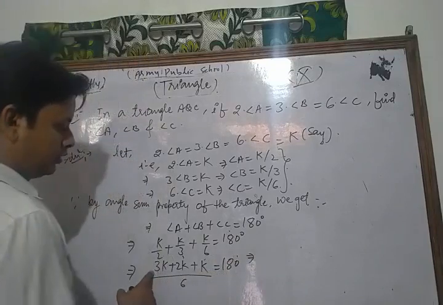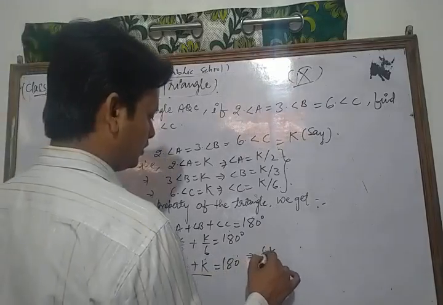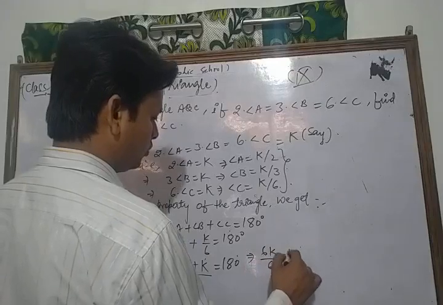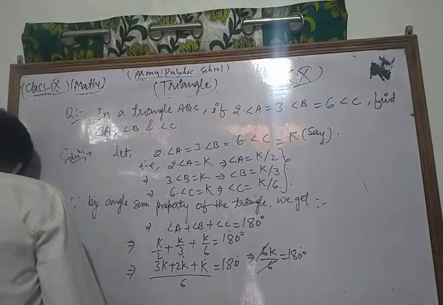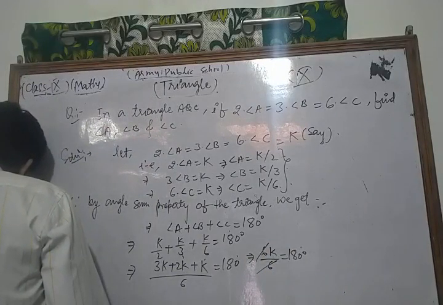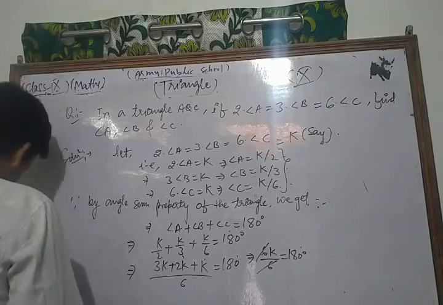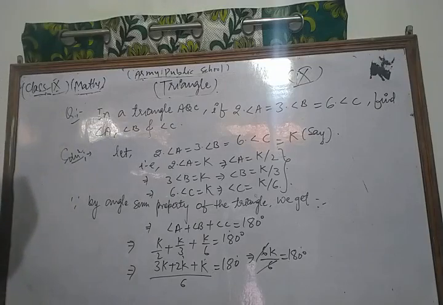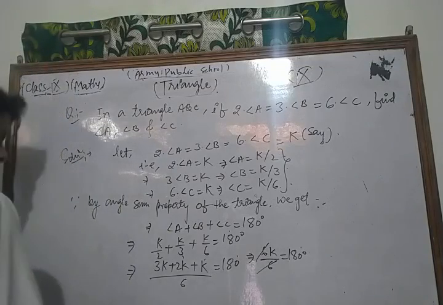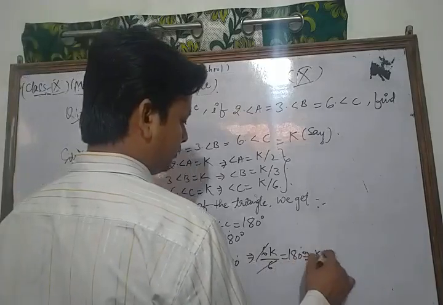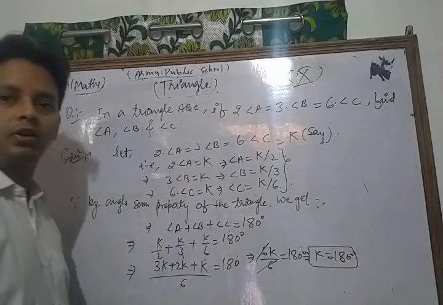Now we get 3K plus 2K plus 1K is 6K. 6K upon 6, the 6s cancel to each other. Thus the value of K is 180 degree.